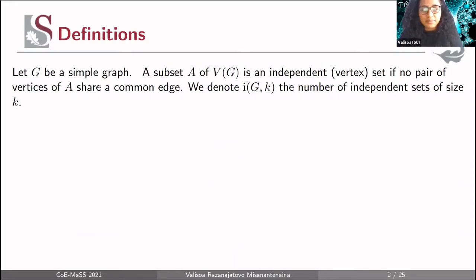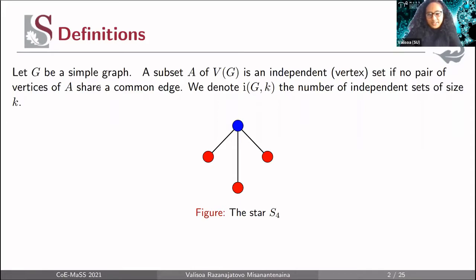If you have a simple graph G, a subset A of the set of vertices is an independent set if no pair of vertices of A share a common edge. And we denote I_G(k) the number of independent sets of size k. So if you look at this graph, it's a simple graph.